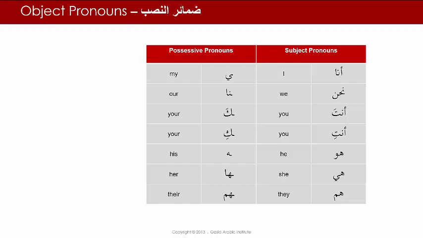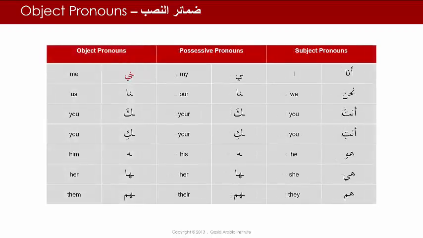If you remember that subject pronouns are in the subject of a sentence or a nominal sentence. We have, for example, نحن طلاب, we are students. But we can say طلابنا, our students. And we put the na and attach it to the end of طلاب.